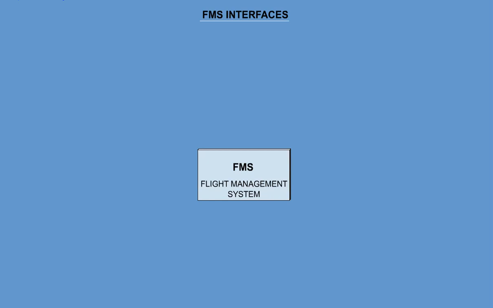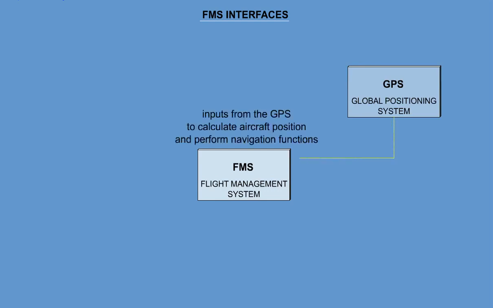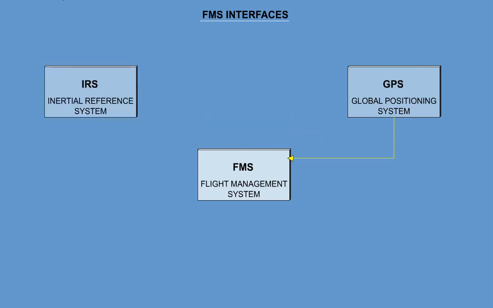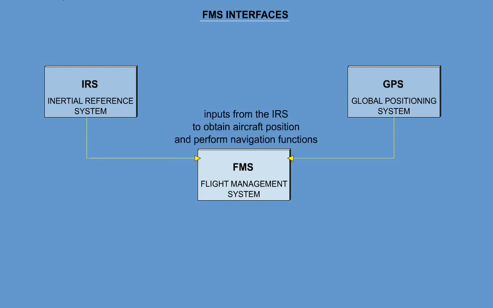The FMS interfaces with the following systems and equipment. GPS: the FMS uses inputs from the GPS to calculate aircraft position and perform navigation functions. IRS: the FMS uses inputs from the IRS to obtain aircraft position and perform navigation functions.